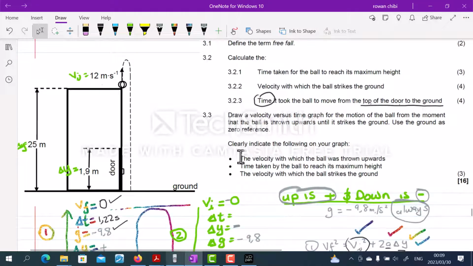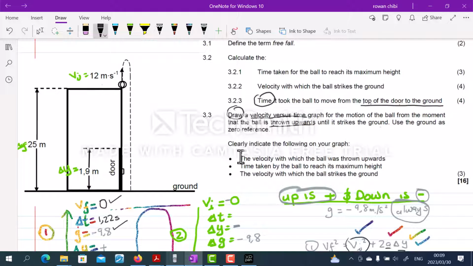Now let's move to question 3. Now 3.3, they say draw. So now we are moving to the graphs. Draw a velocity versus time graph for the motion of the ball from the moment the ball is thrown up until it strikes the ground. Use the ground as zero reference.